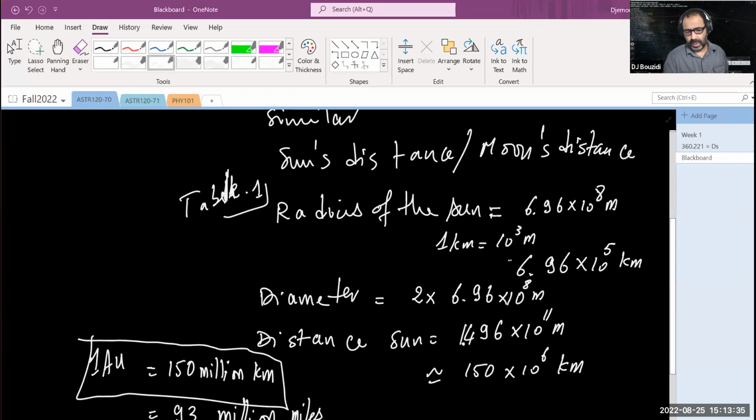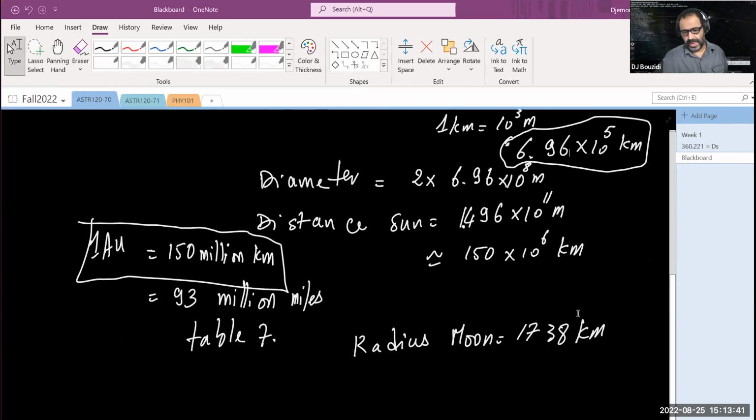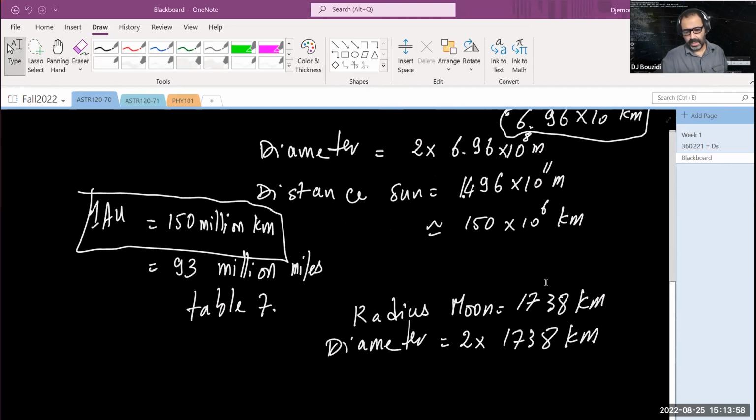So this is the number I'm going to use for the sun, which is kilometers. Then in this case, I'm fine with this number for the moon. So the diameter again is going to be twice this much, 1,738 kilometers. Okay. So I'm ready to do that part.